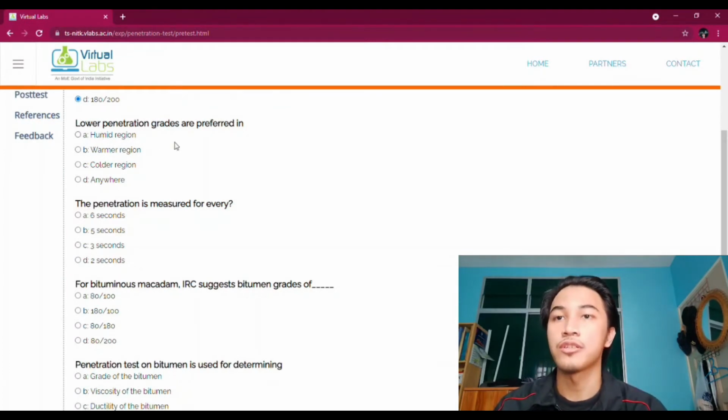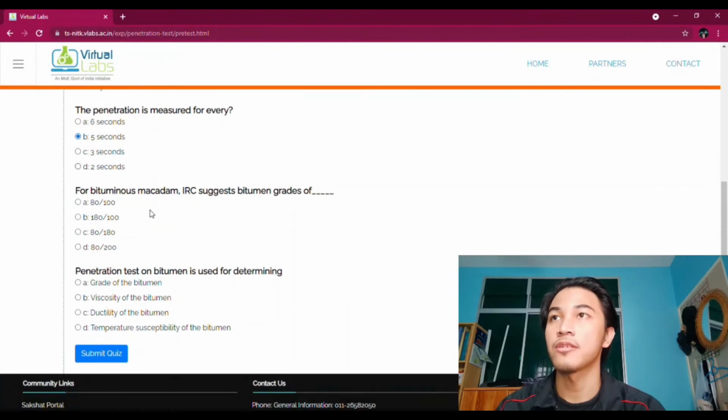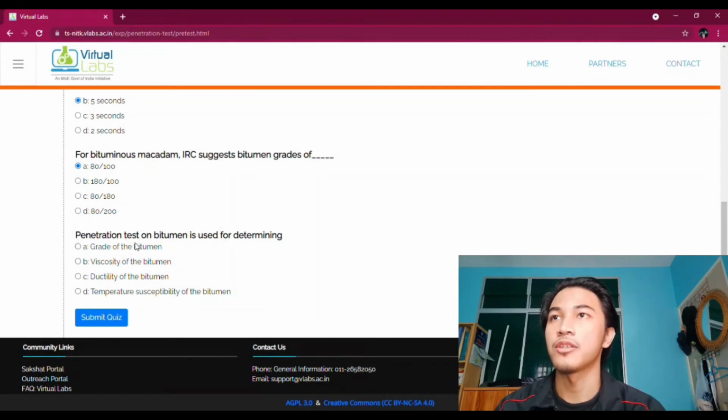Lower penetration grades are preferred in C, colder regions. Next, the penetration is measured for every 5 seconds. For bituminous macadam, IRC suggests bitumen grades of 80/100, A. And last, the penetration test on bitumen is used for determining A, the grade of the bitumen.